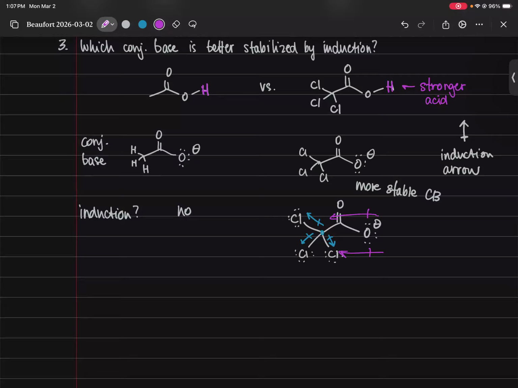Two chlorines, a little bit more. Okay, atom, resonance, induction, and finally, orbital.